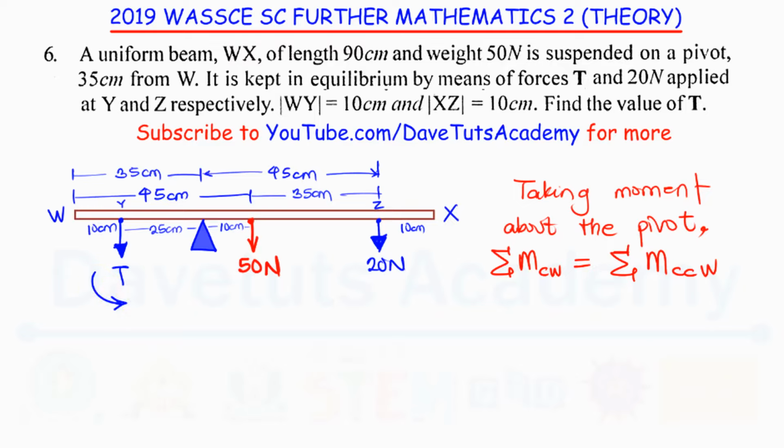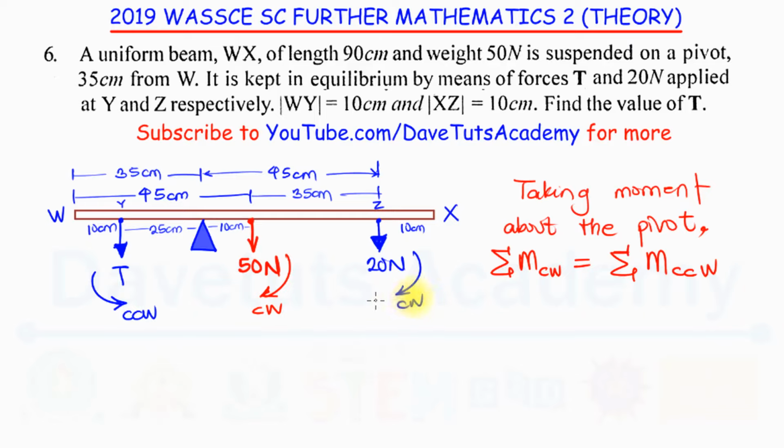But for the 50 Newton, which is the weight of the uniform beam, it will be going like this, which is clockwise. T will be counterclockwise, but the weight of the uniform beam will be clockwise. And for the 15 Newton we also have this to be clockwise.